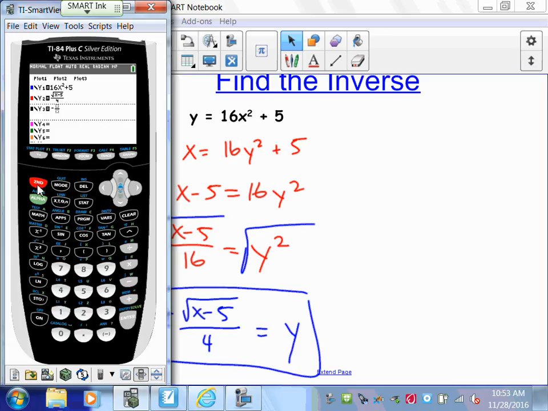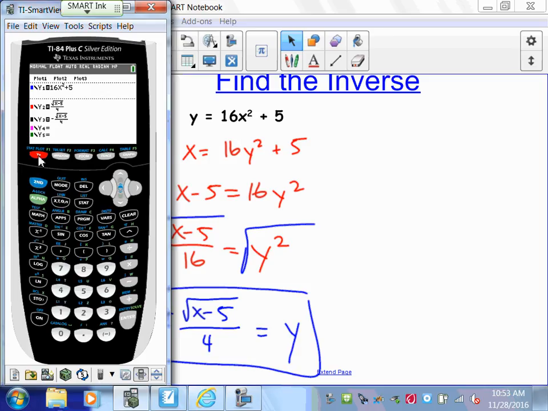Negative square root of x minus 5 over 4. Ta-da! Well, in y2, I put the positive root, and in y3, you put the negative root.